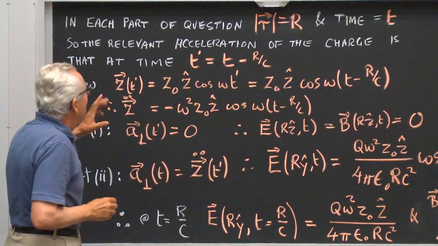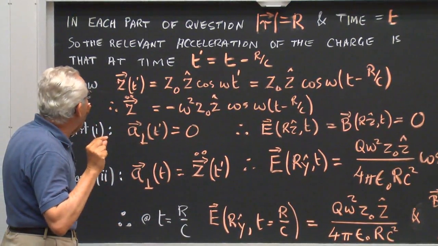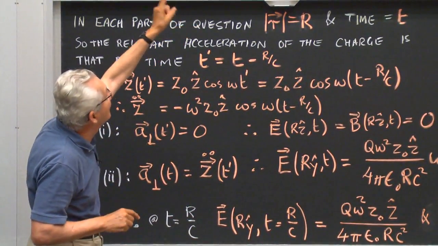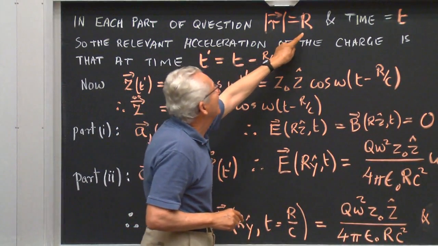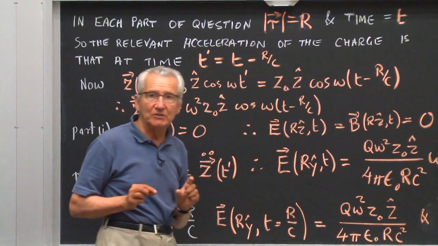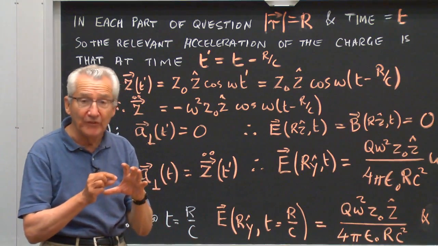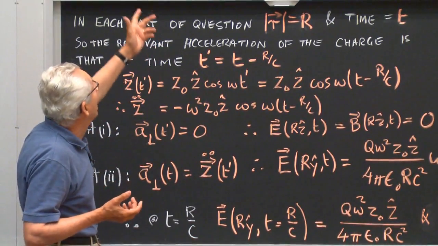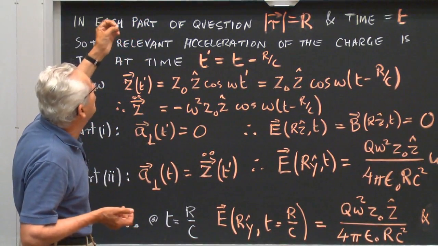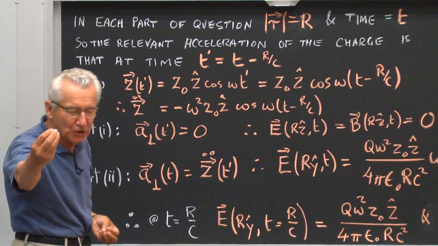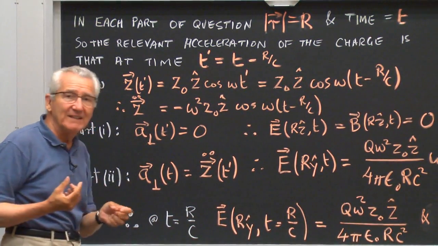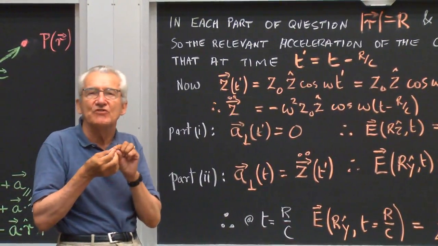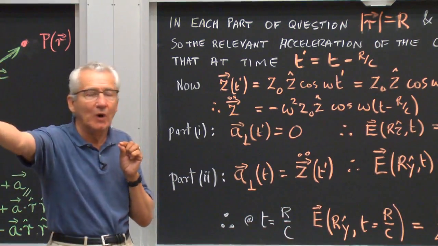But here let me just repeat myself and point out, in each part of this question, we are a distance r from the charge. Now you can say, well, the charge is moving a small amount, but the whole essence of making this a doable problem is that all the motion of the charges is over distances which are very much smaller than where you are.